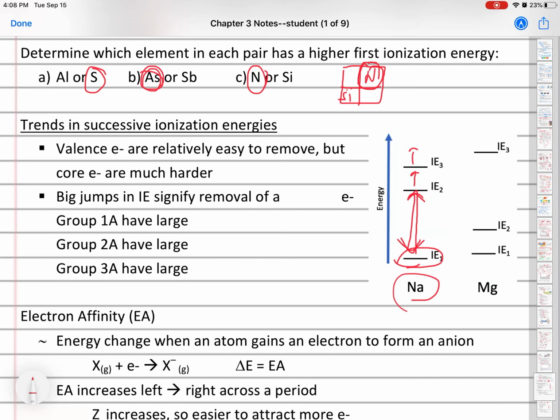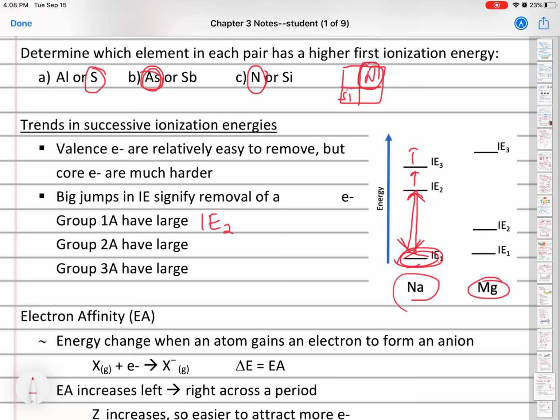So you get this big sort of leap or jump in energies, okay? So group 1 elements tend to have a very high second ionization energy. You see a big jump there because their one valence electron is gone. The second one is a core electron.